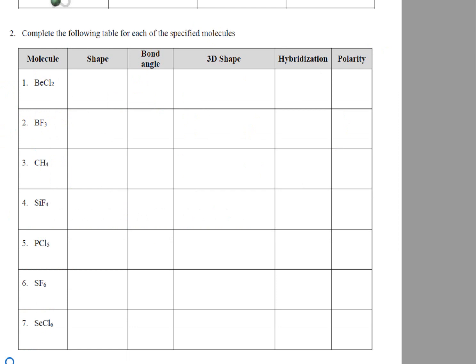To answer this question, you are asked to fill the table about the molecular geometry and the bond angle. You should keep the periodic table next to you and try to draw the molecules.